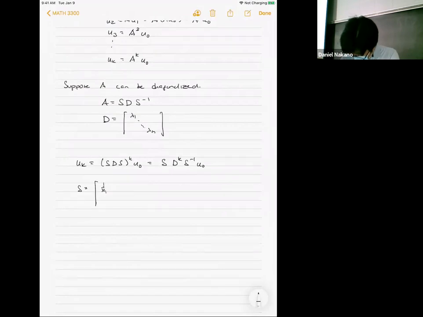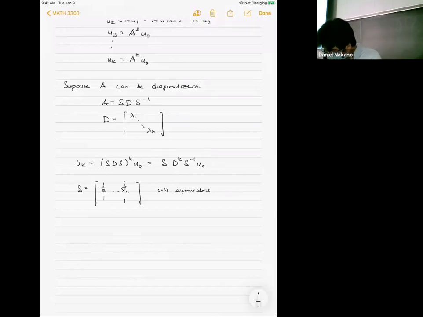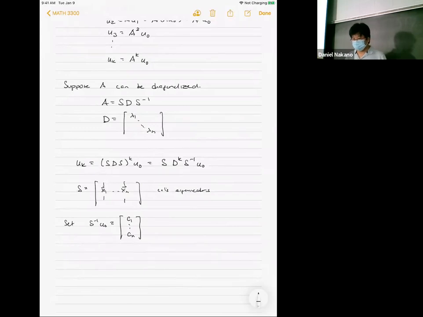Call them x1 up to xn. So the columns are eigenvectors. And now set S inverse u0 to be just the column vector c1 up to cn. So you have to know what S inverse is, and you have to compute out the value with u0, and you just get some column vector c1 up to cn.